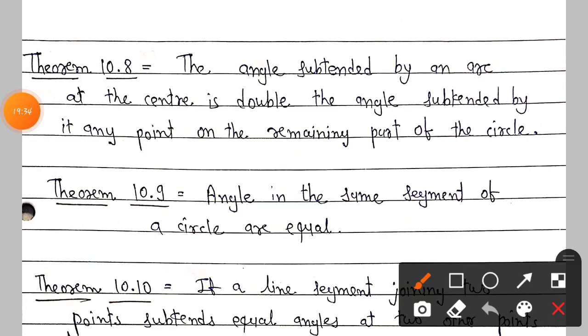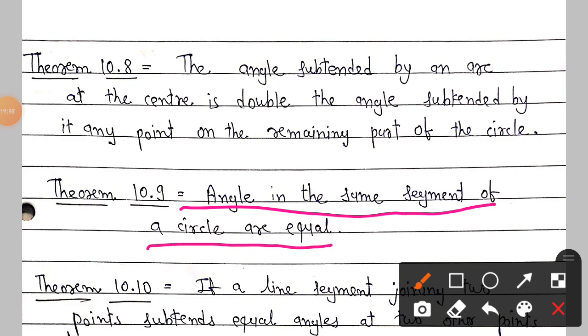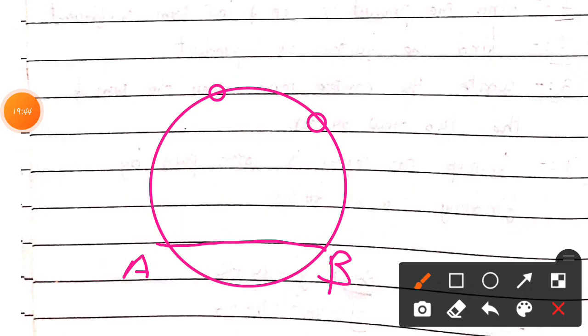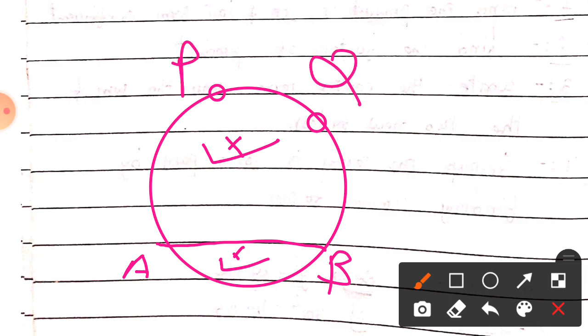Angles in the same segment of the circle are equal. Correct students? So what do you mean by this? Let's understand. This theorem says that there are two regions. This region is called the minor segment and this is the major segment. Correct? So these 2 points P and Q are in which region? That is called the major region.